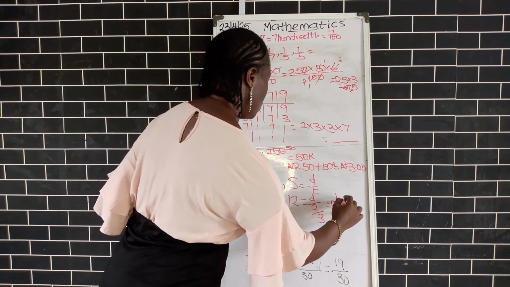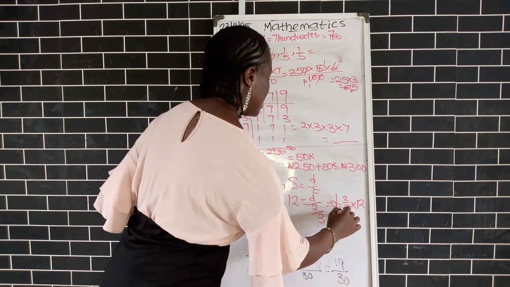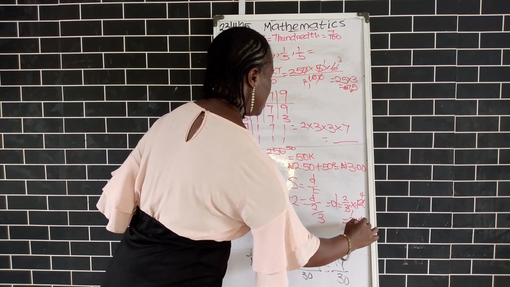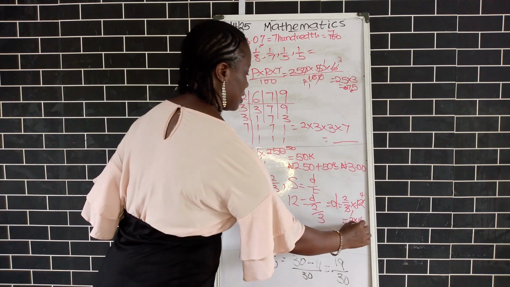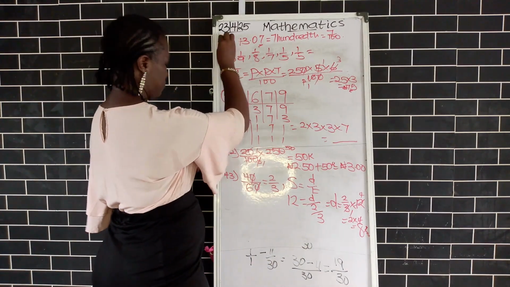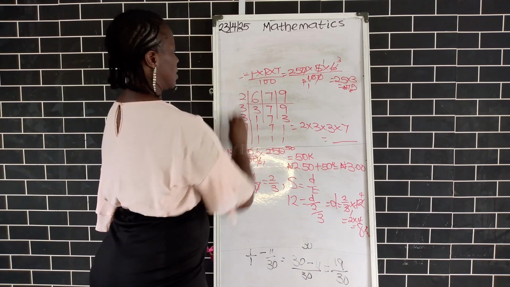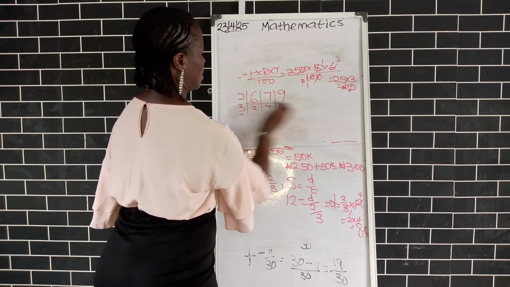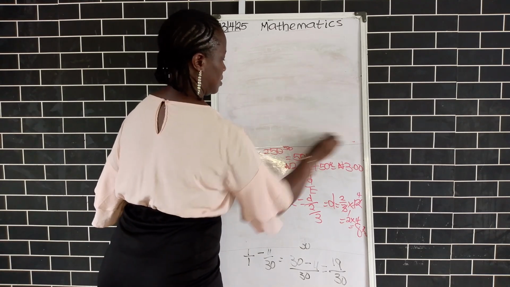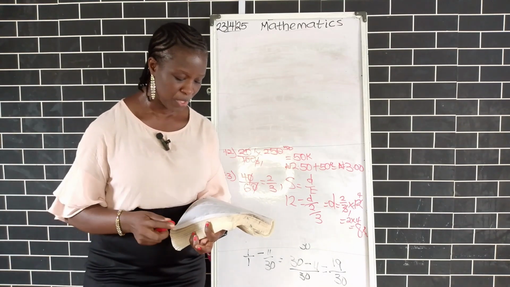D is going to be 2 over 3 times 12. 3 into 3, 1; 3 into 12, 4. So we have 2 times 4, which is equal to 8 kilometers. So that is that for 43. Now to number 44.